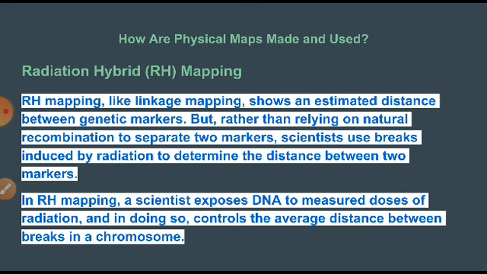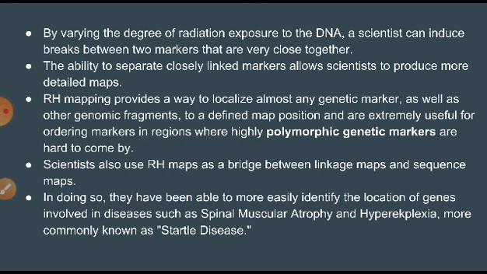In RH mapping, a scientist exposes DNA to a measured dose of radiation and in doing so controls the average distance between the breaks in a chromosome. By varying the degree of radiation exposure, scientists can induce breaks between two markers that are very close together. The ability to separate closely linked markers allows scientists to produce more detailed maps.